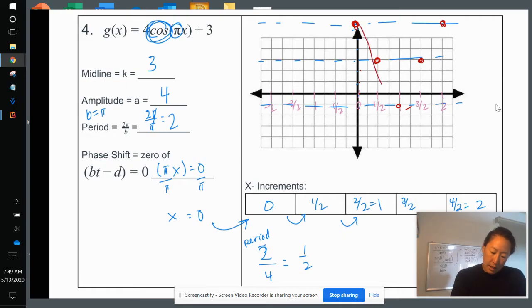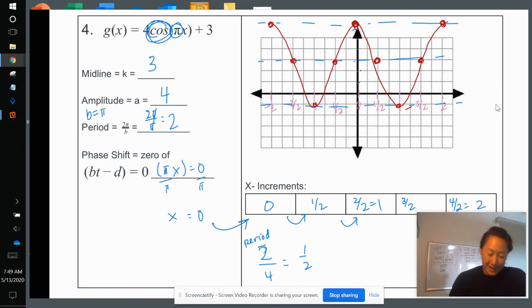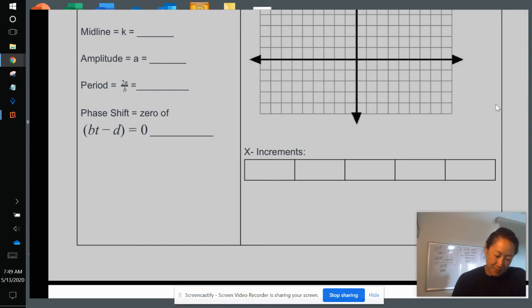So one cycle of the graph, relative maximum to relative maximum, takes us a domain of 0 to 2, so a total of 2 units. Okay? So we're going to go midline, lower bound, midline, upper bound. Look how pretty they are. Okay, last one.